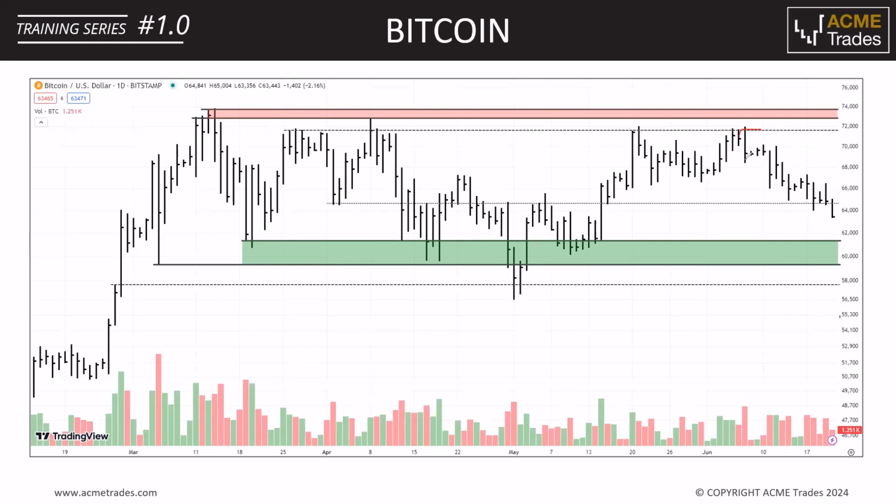So then if we go into this reaction, and this is very important to understand, there is no real supply here. It's rather that the sellers are taking advantage of a low demand, demand exhaustion environment. And what I mean by that is there is no heavy selling. There is no huge bars where supply overcomes demand.